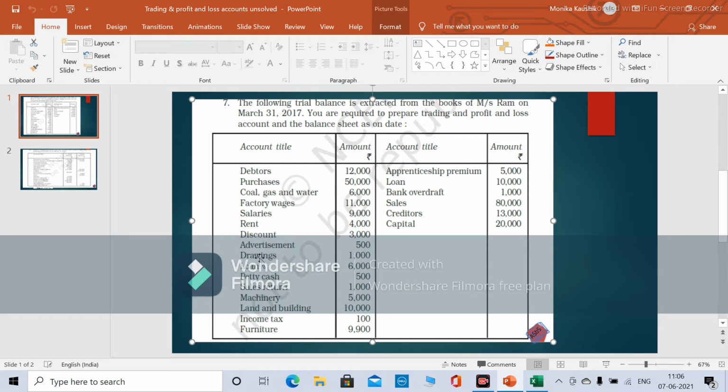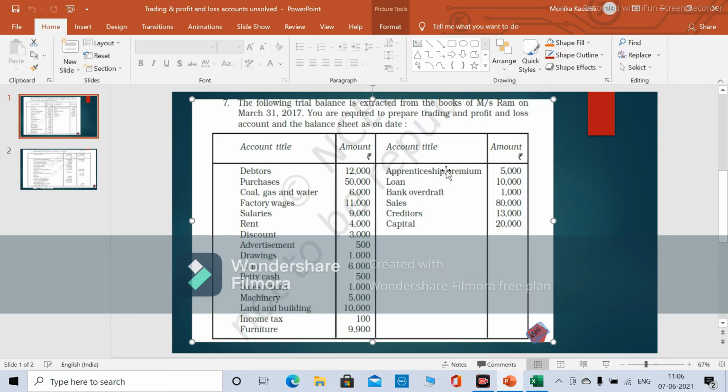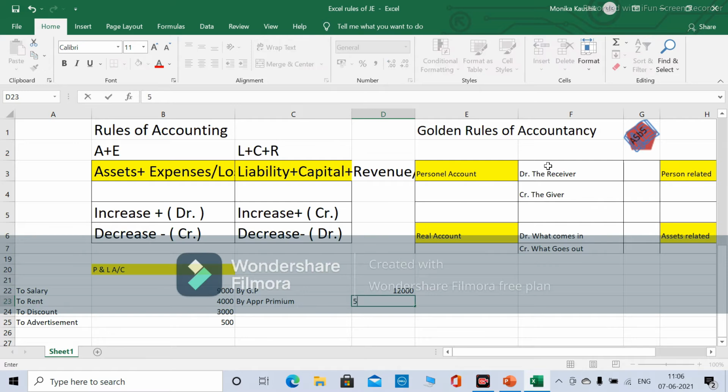Now drawings is a balance sheet item, loan a balance sheet item, petty cash a balance sheet item. Sales return already considered in the trading account. Machinery, assets, land and building, income tax and furniture are balance sheet items. Apprenticeship premium is on the credit side. It's an income, so it will go on the income side, the credit side, by apprenticeship premium, 5,000 rupees.